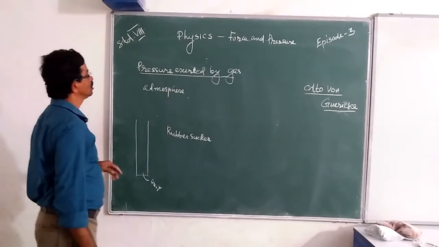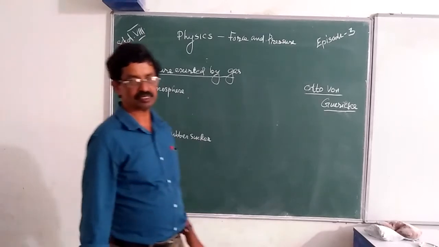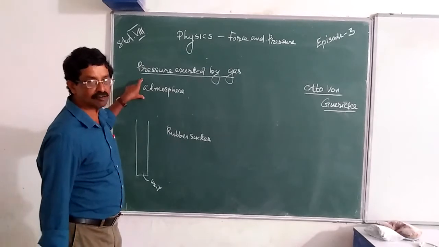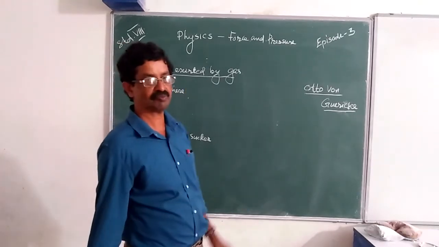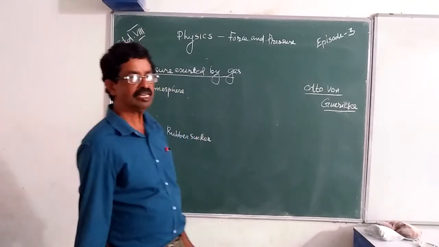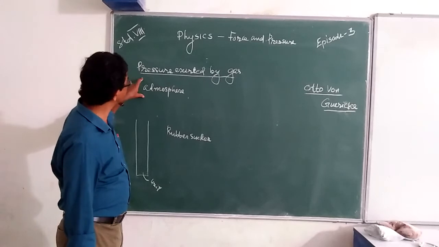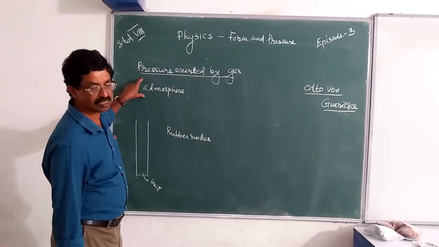What is actually the atmosphere? Earth is surrounded with a gaseous envelope. That means Earth is surrounded with air, and that air is called atmosphere.